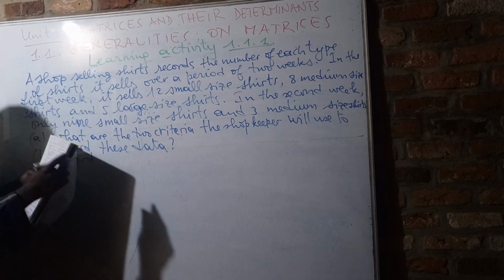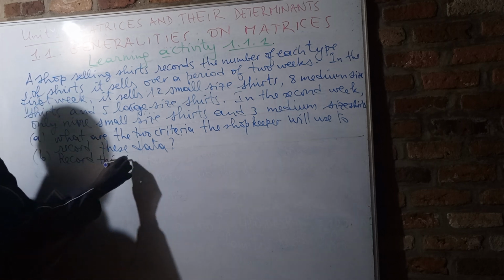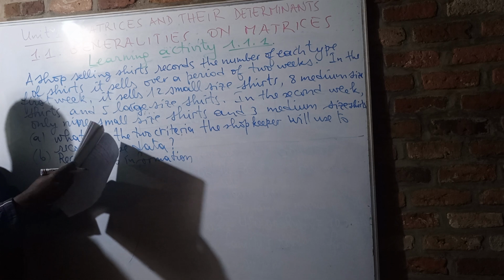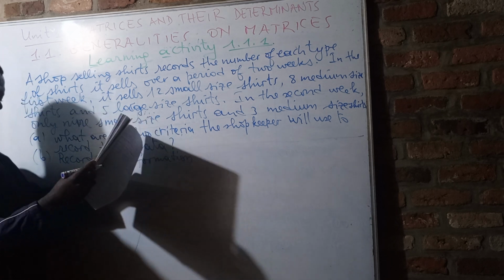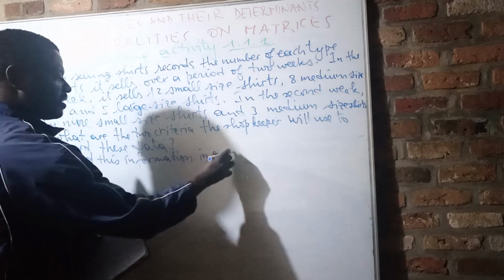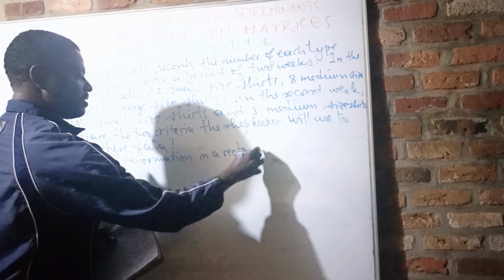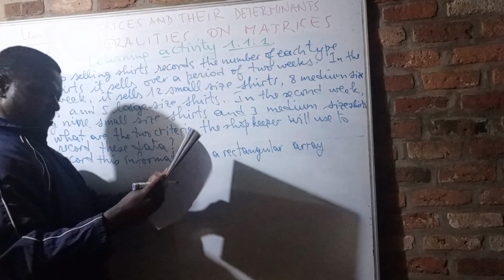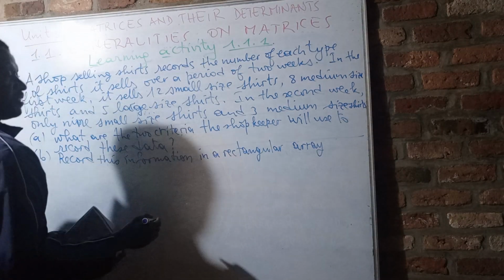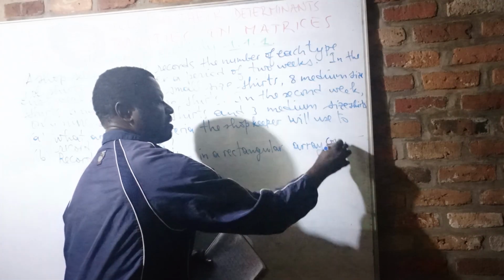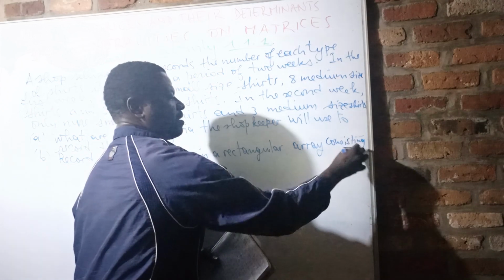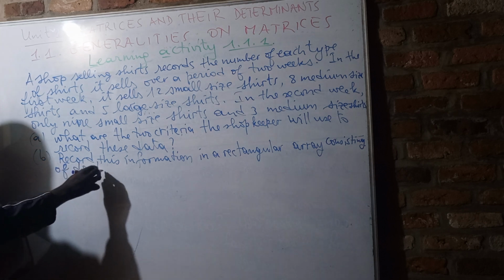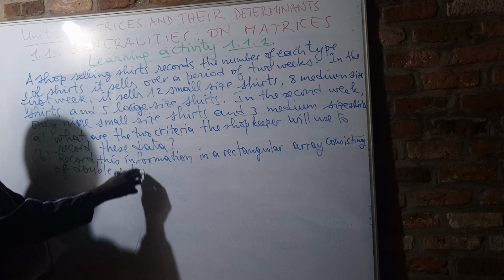We need to record this information in a rectangular array consisting of double entries. Double entries. Okay.